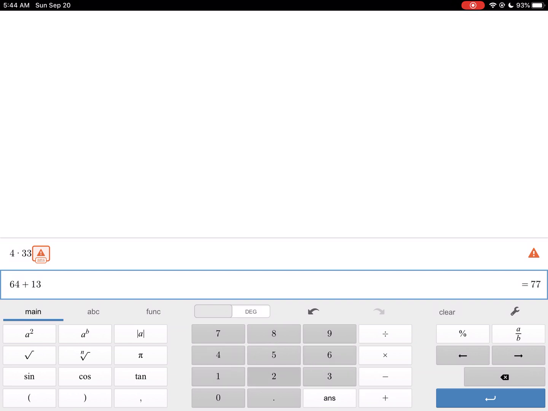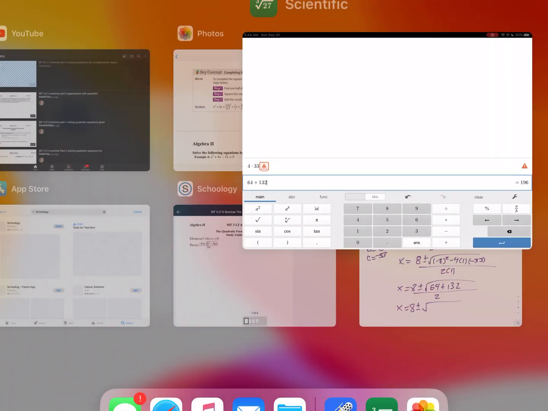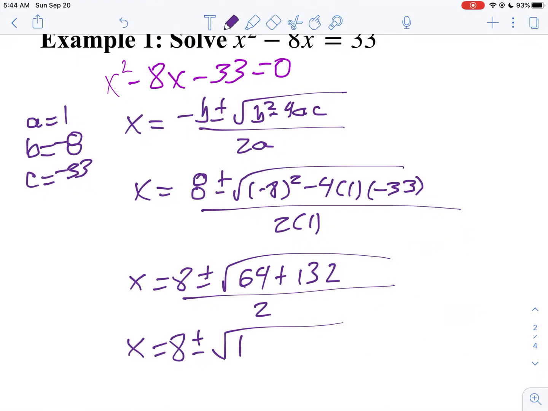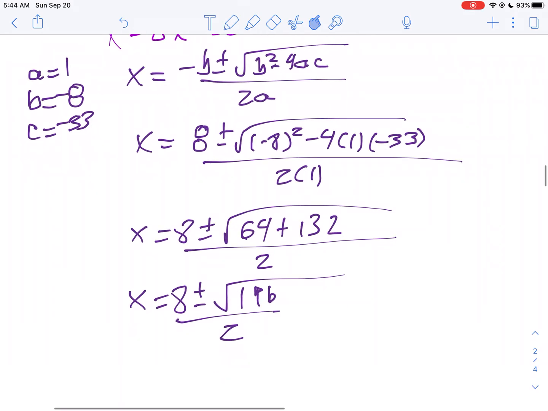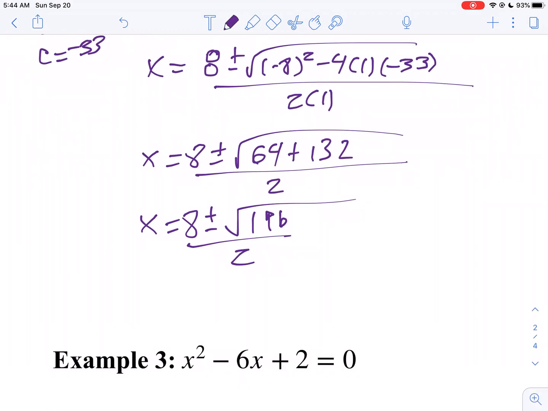Equals 196, all over 2. So then we get x equals 8 plus or minus 14 all over 2.